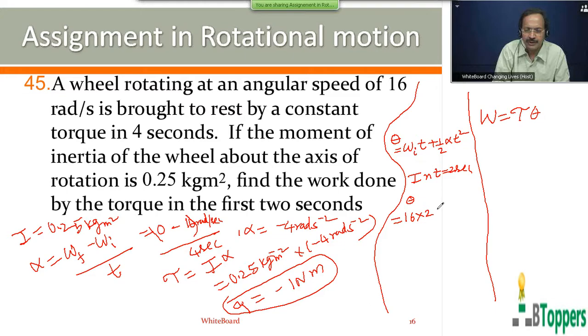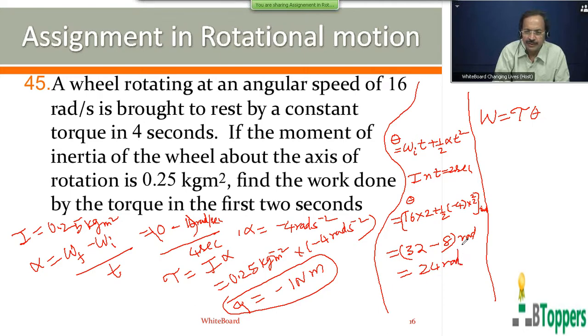Alpha is constant, which is equal to minus 4 radian per second square. t is 2 seconds. This has to be simplified here. That means the angular displacement of the wheel in the first 2 seconds will be 32 minus 8 radian or 24 radian.